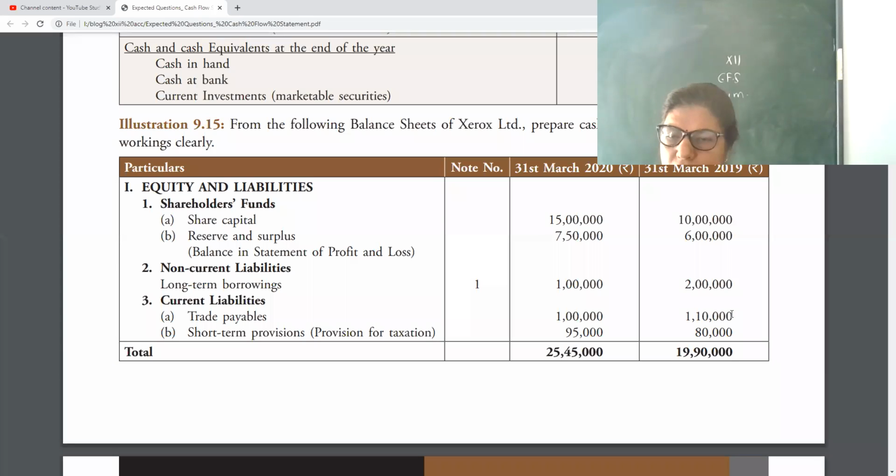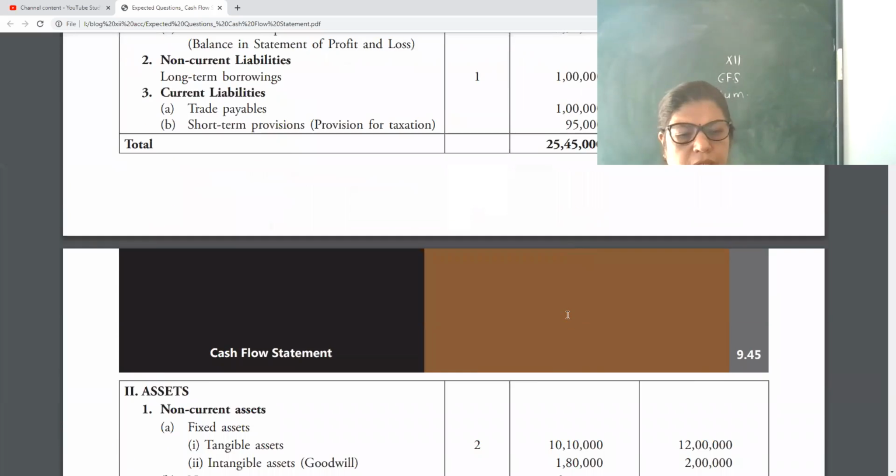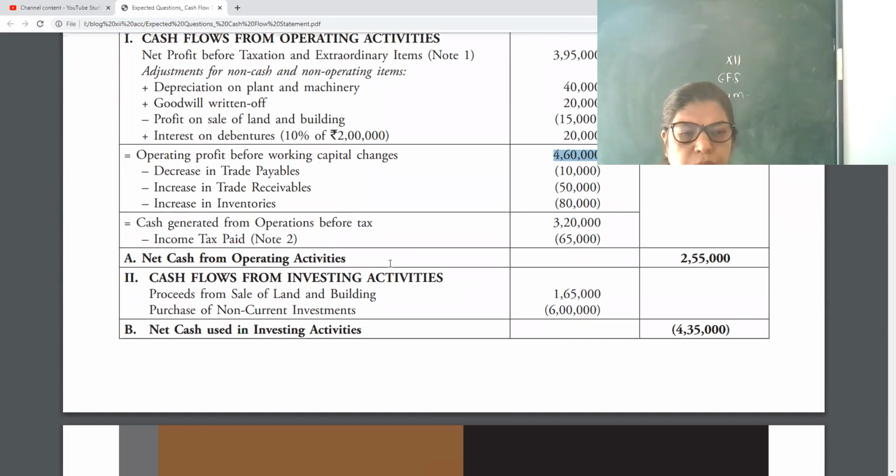Previous year that was 1,10,000. Current year that is 1 lakh only. Then 10,000 rupees we have to decrease. Then increase in trade receivable. Current asset is increasing by 50,000. Increase in inventory. Inventory is also increasing. So the net result is 3,20,000.